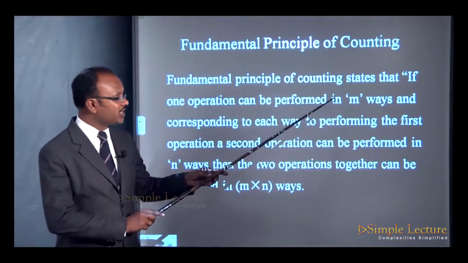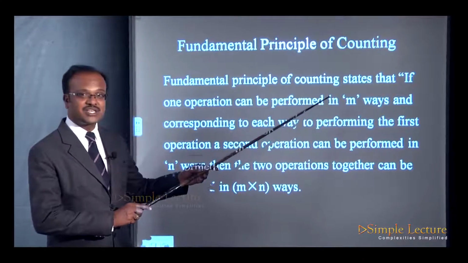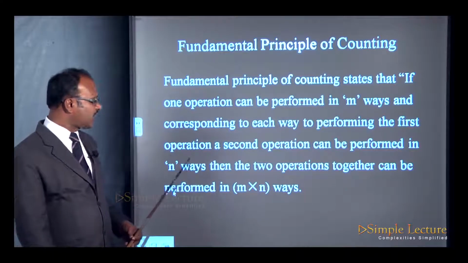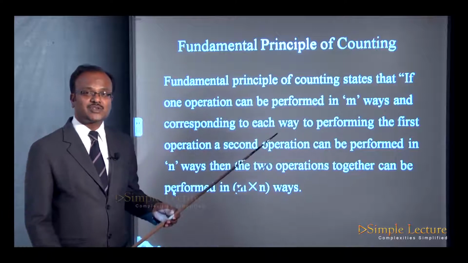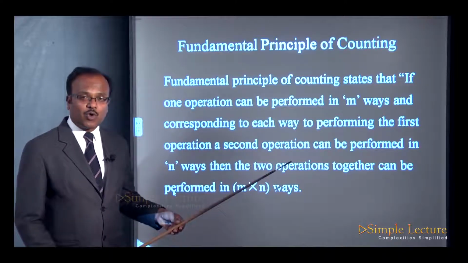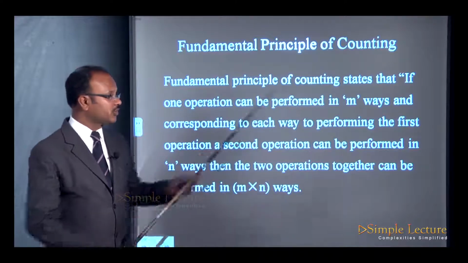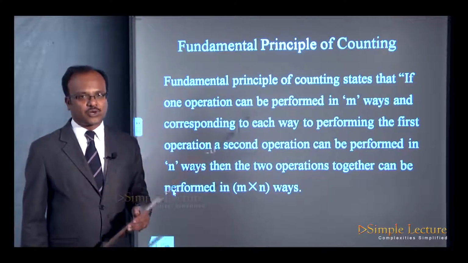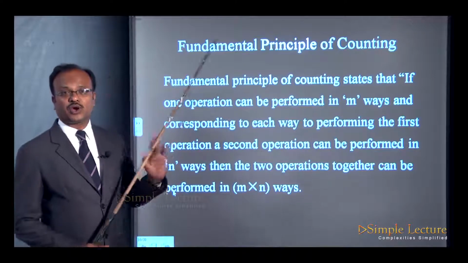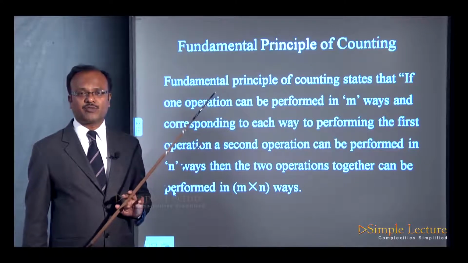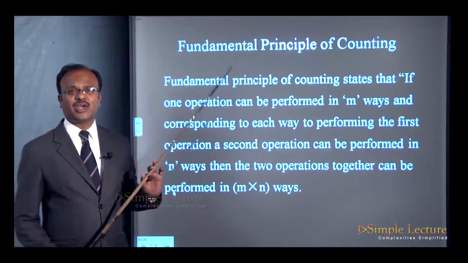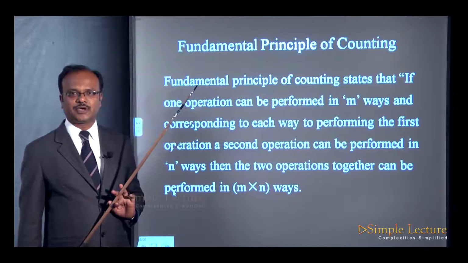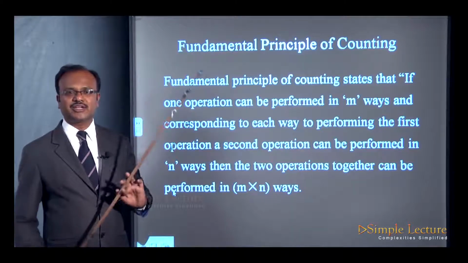If you can wear the shirts in 2 ways, and for each shirt you can wear the 3 trousers, then you can dress up in 2 into 3, 6 ways. This is very useful for working out problems at a later stage. I hope you understood this.